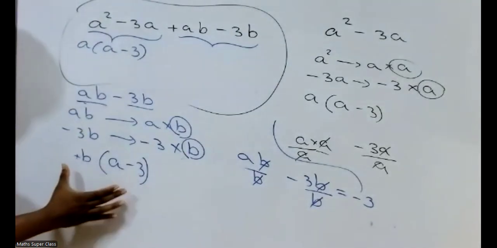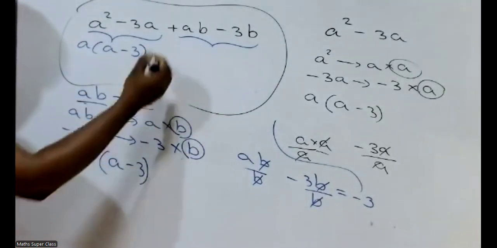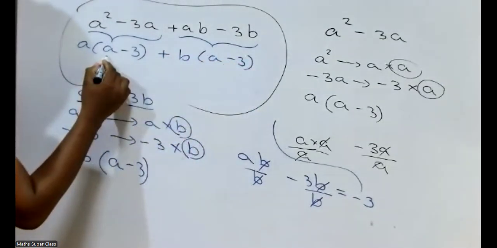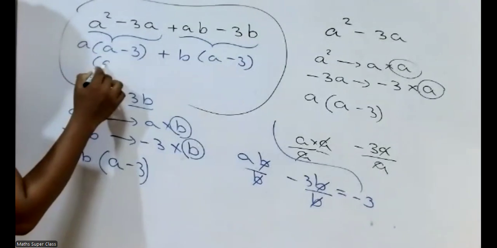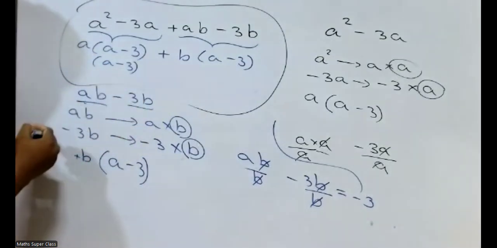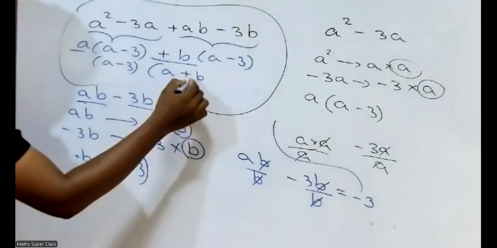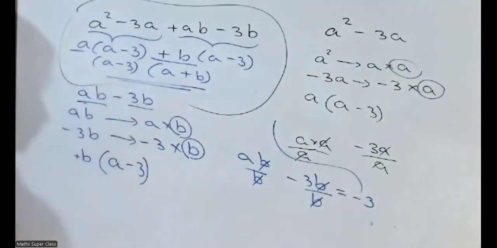Now we can plug from here to here. Then you can find a minus 3, a minus 3. So it is a minus 3 and a plus. Is it okay now? Did you catch it?